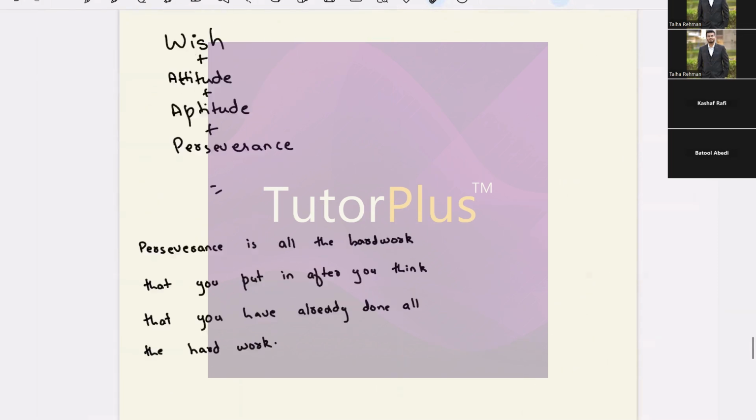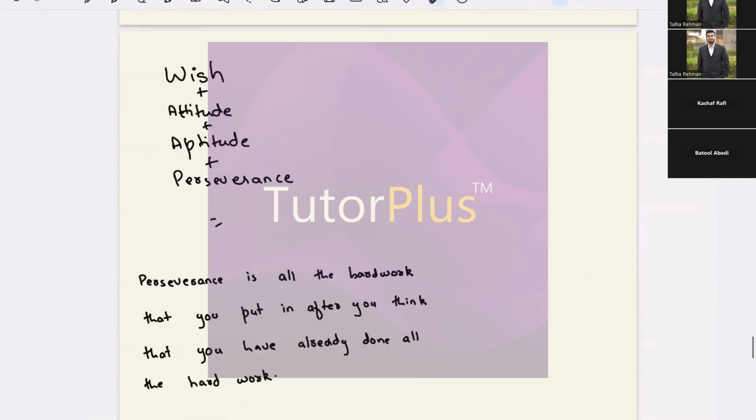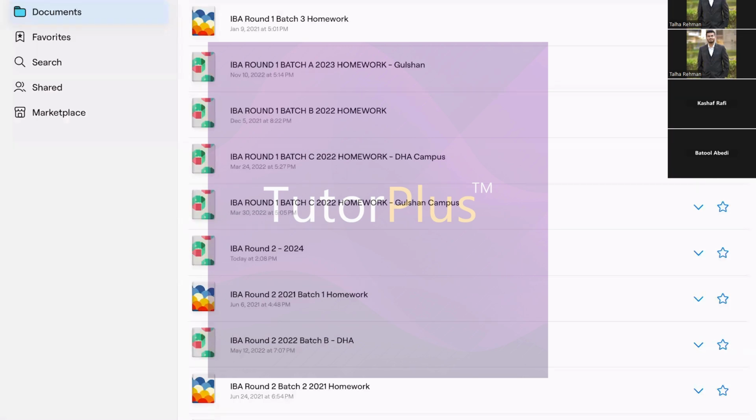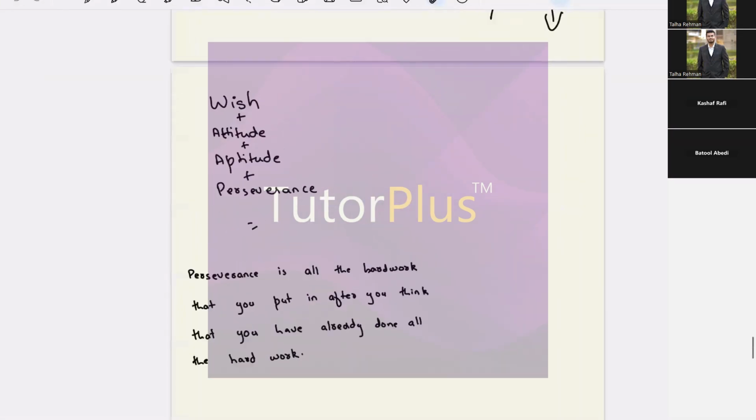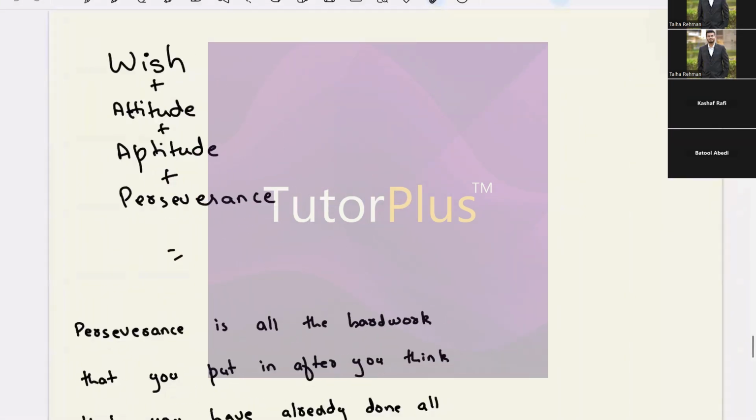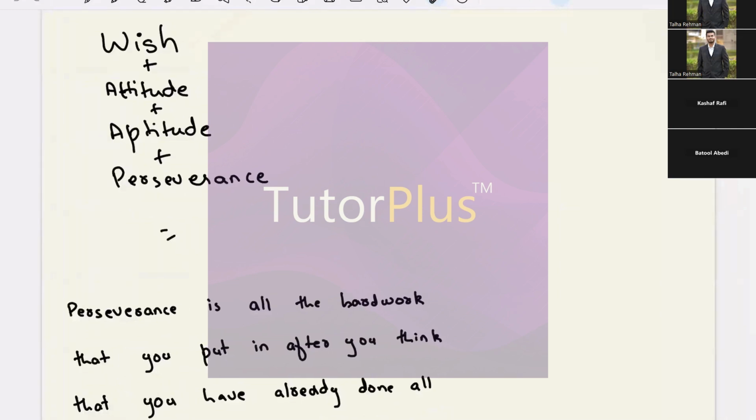Also, beta, please notice for these classes, I need you to remember that all of you may have come with a wish to get into IBA or LUMS, but we need other important ingredients which are going to contribute to your overall score. That includes your attitude, your aptitude, and your perseverance.